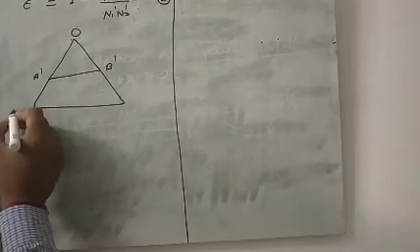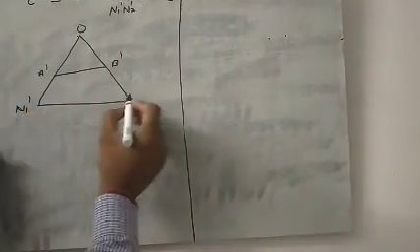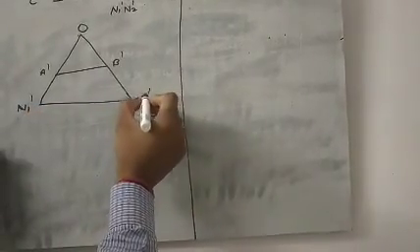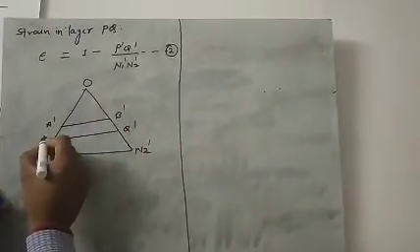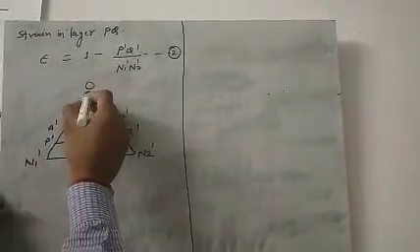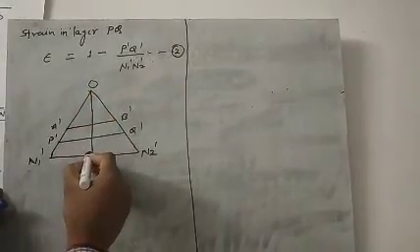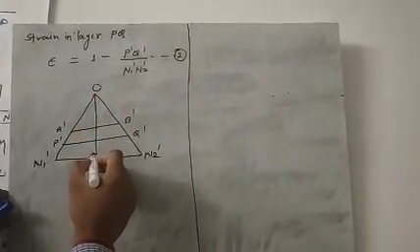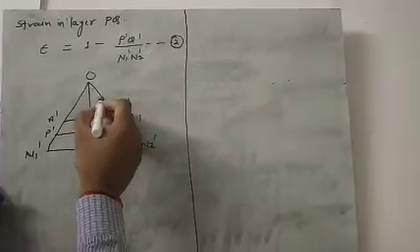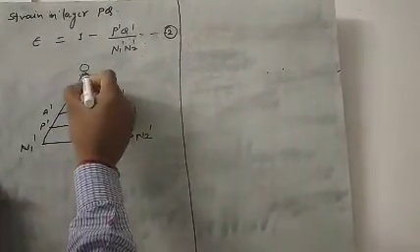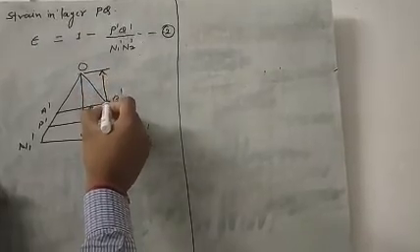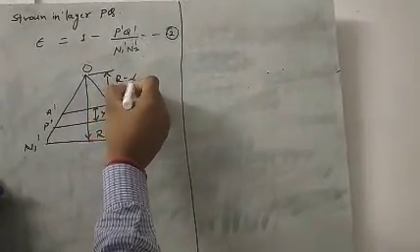And this is our N1 dash, this is N2 dash, and this will be Q dash, and this is P dash. This whole distance is equal to R, and this distance is equal to Y, and this line will be equal to R minus Y.